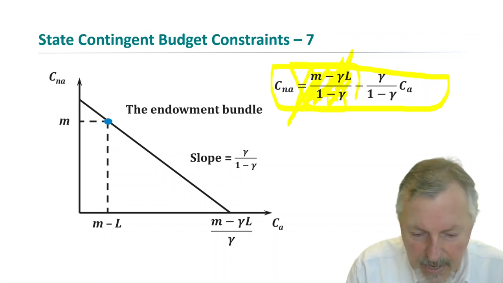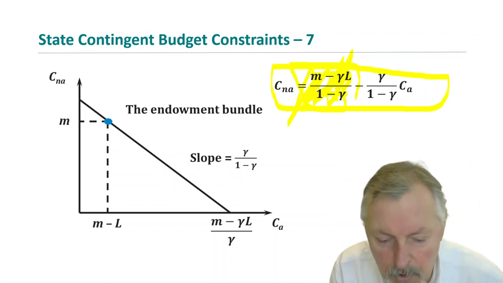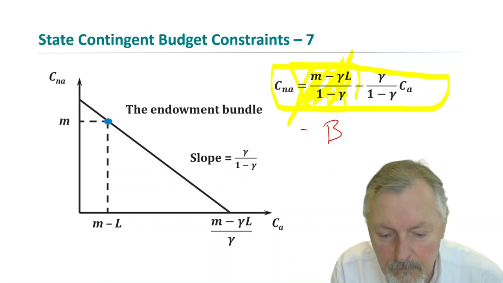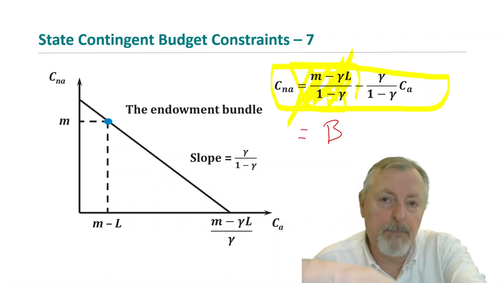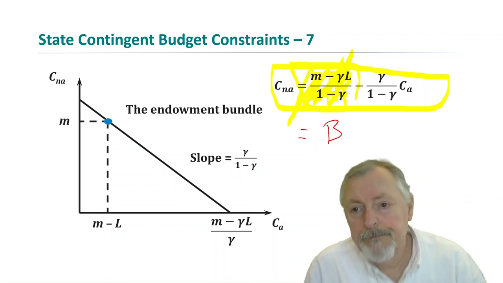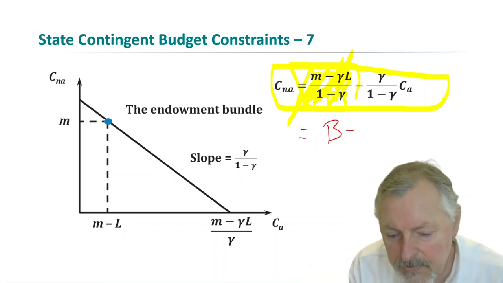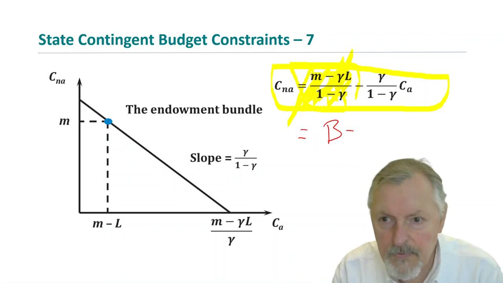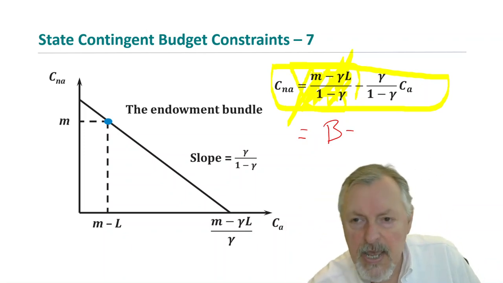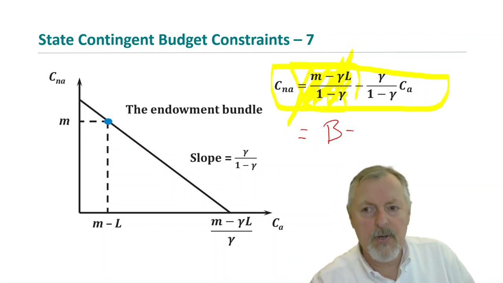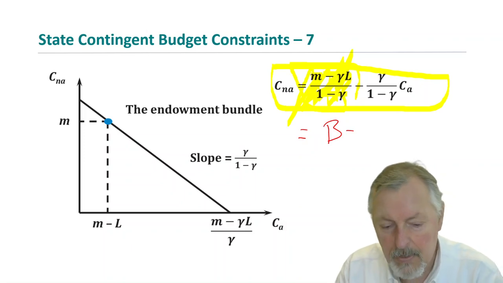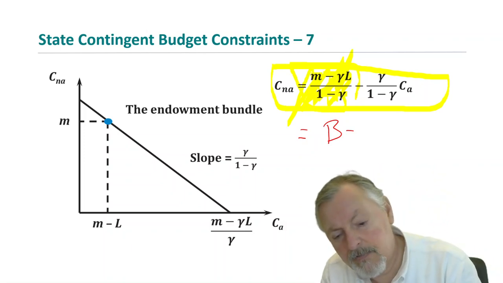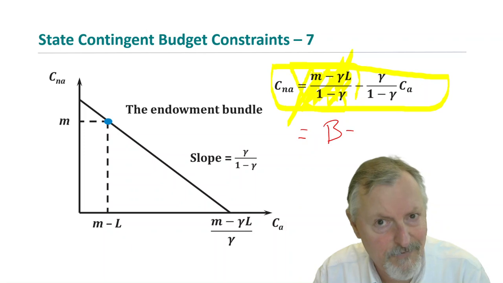Why don't we call that number, I don't know, B? Because why not? We can give it a name. It's just a number, like if you plugged it all in, maybe you get 12. Minus, they're the same thing here. The coefficient on CA, that's minus gamma over 1 minus gamma. That also evaluates to just a number. I'm going to use M again, because everybody does.